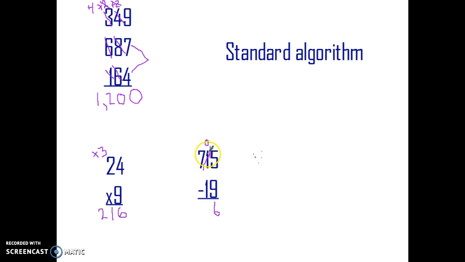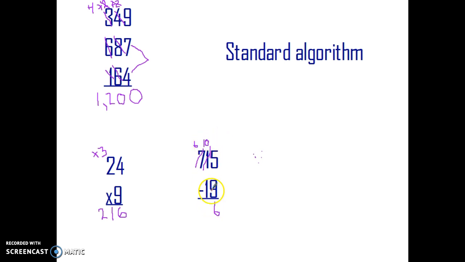Oh my goodness. Now I cannot take away 1 from 0, because if I have nothing, I can't take 1 away from it. So, I'm going to cross this off and make it a 6. And I'm going to take one of those sets of hundreds and bring it over here, which means I have now 10 tens, which equals 100.